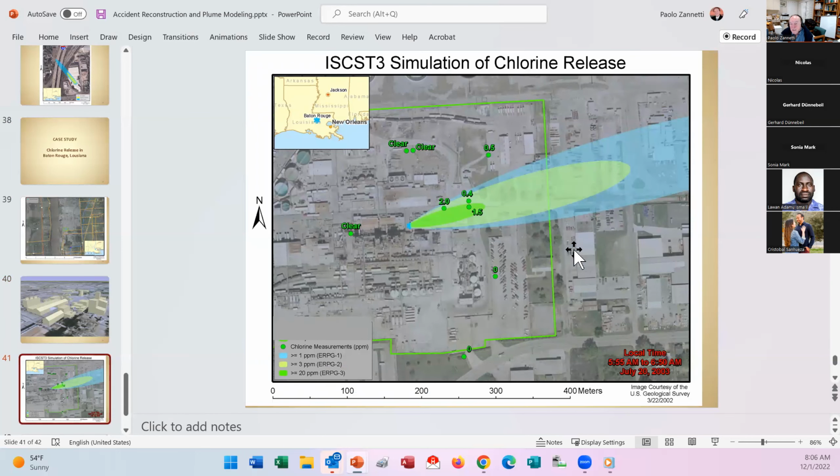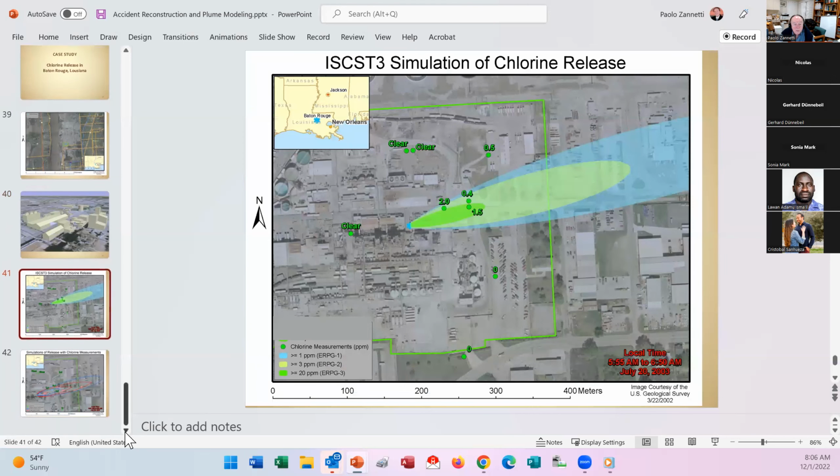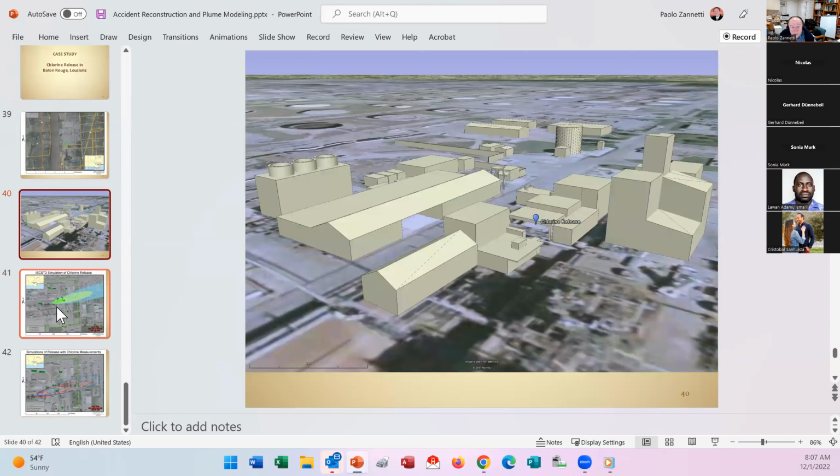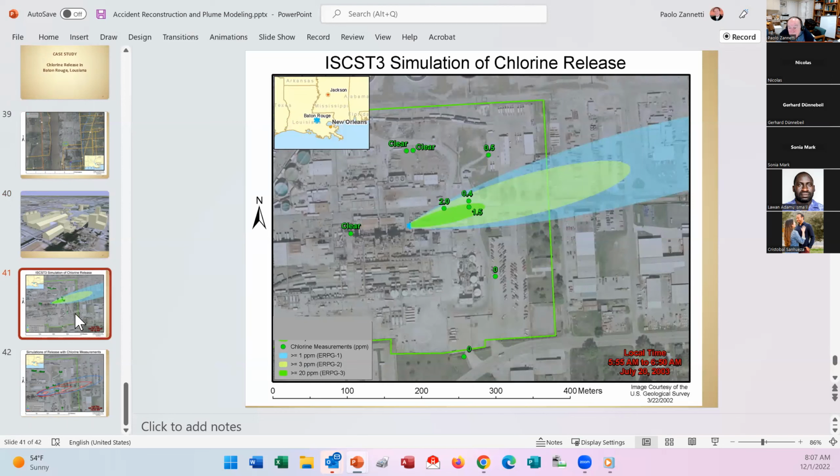And these are my results, which were very favorable. Concentration-wise, fortunately, the fence line was far enough. Let me see if I have a scale here. Yeah, I have a scale.